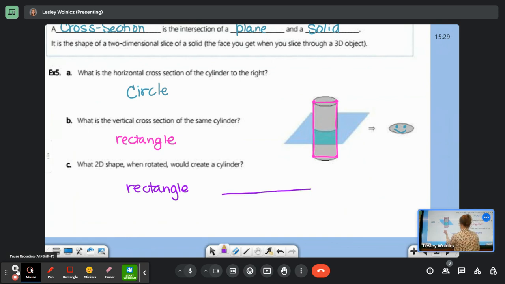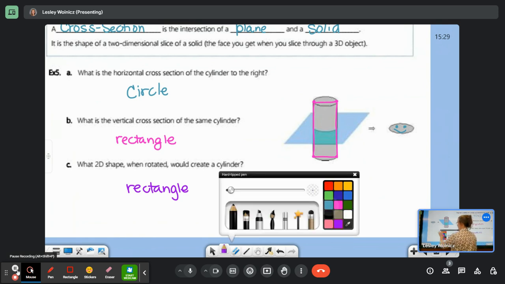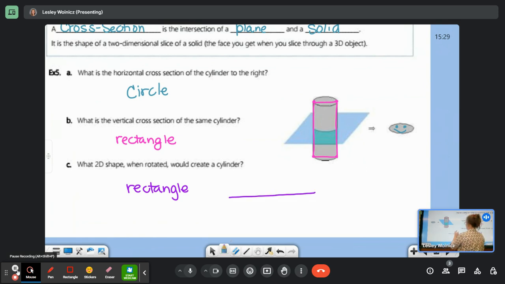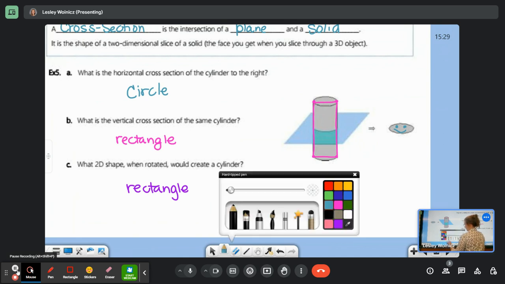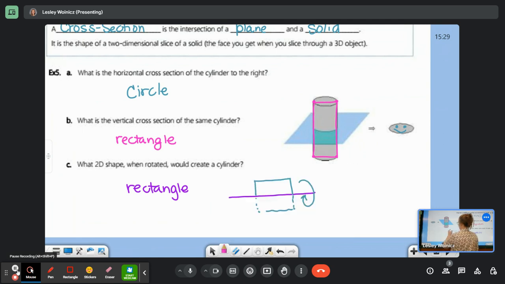So here's my axis. Okay, here's my rectangle. I'm going to rotate it around my axis. And I'm getting a cylinder.